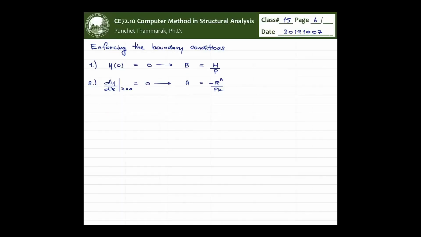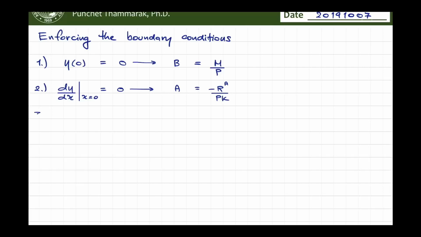The third one, dy at L is equals to minus delta.